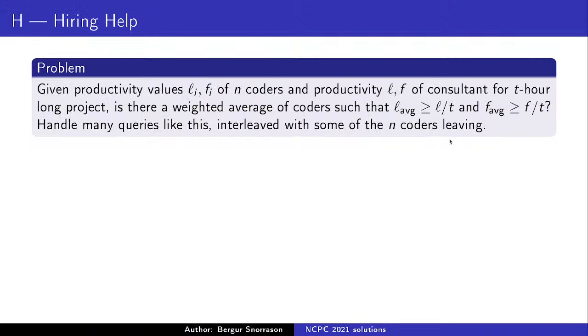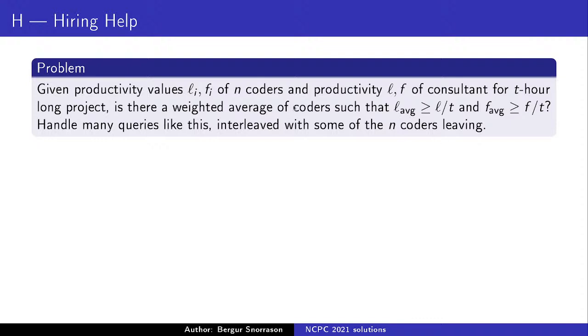Okay, moving on, we're slowly getting to the hard end of the problem set. We had problem H, where we were given some productivity values, Li and Fi, of some n coders. And we got the productivity L, F of some consultant, how productive they would be for a T-hour long project.